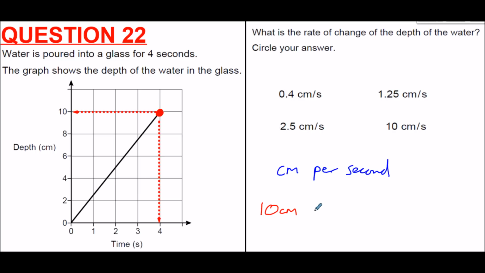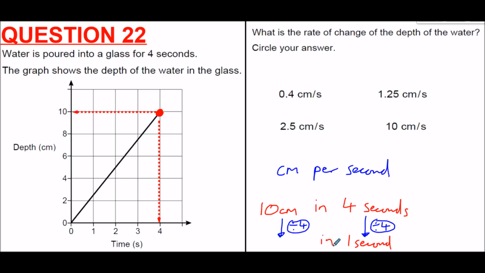So what we can do is from this work out how much it's filled up in per second. And so to go from 4 seconds to just 1 second, what would we divide by? The answer is we could divide by 4. Any number divided by itself gives us 1. And so if we divide by 4, that will tell us how much it fills up in 1 second.